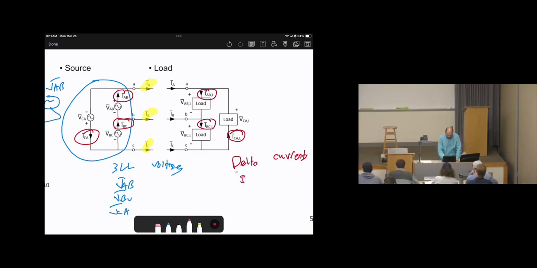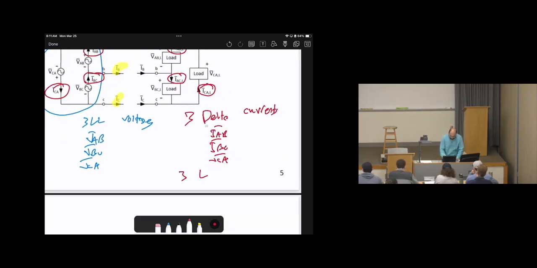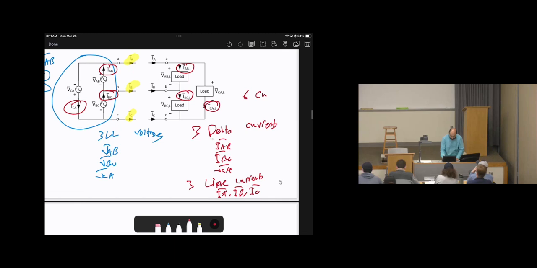Again, those did not exist in Y, now they exist in delta. So these currents are IAB, IBC, ICA. So 3 delta currents. And in addition to this, we have 3 line currents, IA, IB, IC. So as a result, whenever we deal with delta, we have 6 currents. In summary, in Y there are 6 voltages, 4 currents.